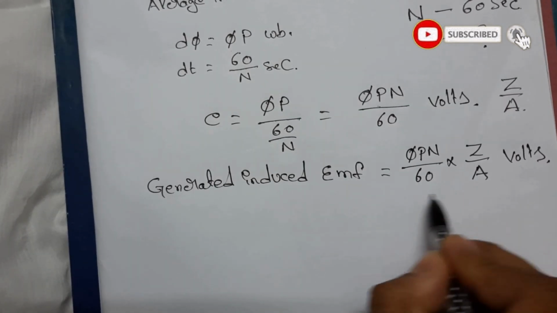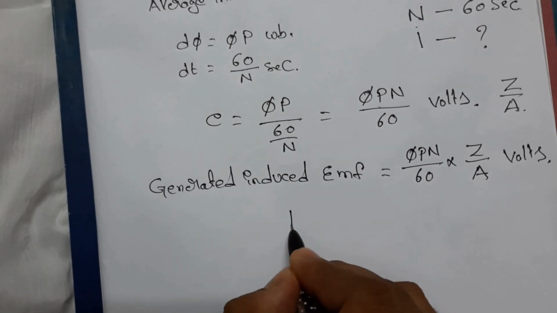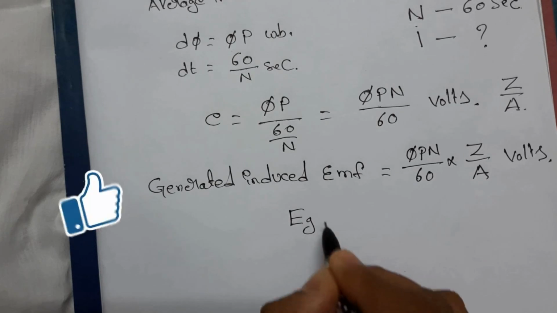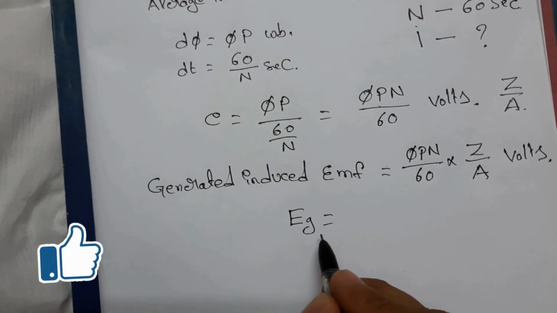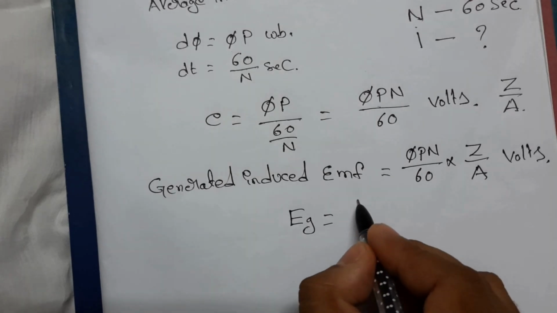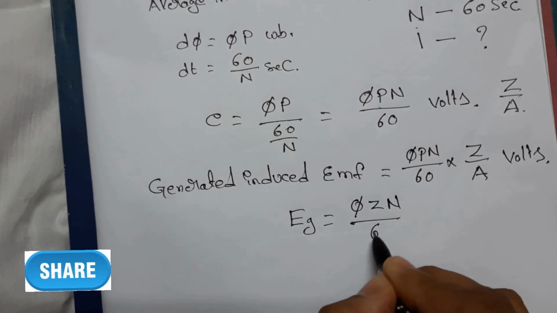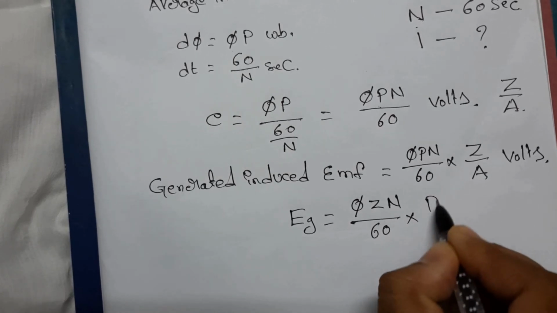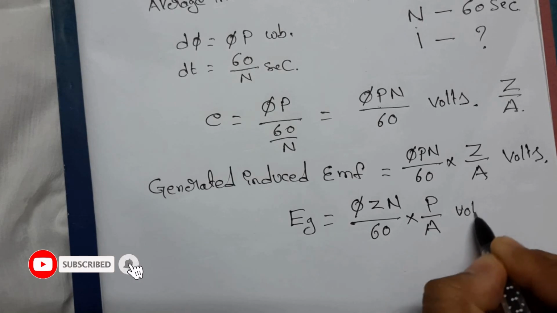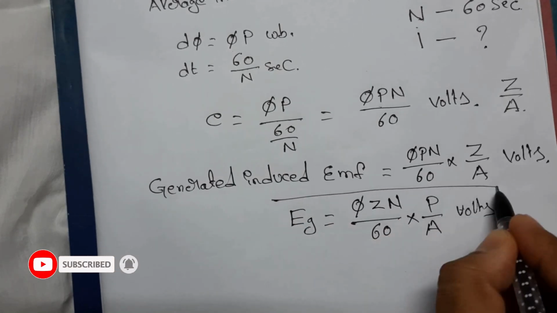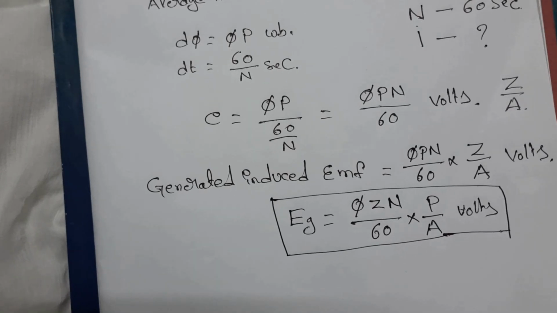This is the EMF equation of DC generator, rewritten as EG, the generated induced EMF, equal to ΦZN by 60 into P by A volts.